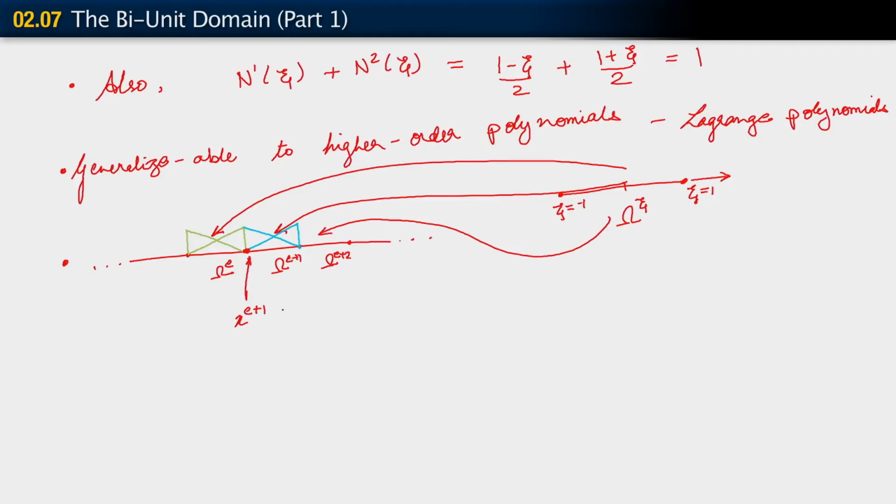We may choose to look at these basis functions in the physical domain as being located at global node xe plus 1. When I say global node xe plus 1, what I mean is that I'm looking at this node as being one of the nodes in the overall domain omega, right? So I may look at xe plus 1 as a global node.